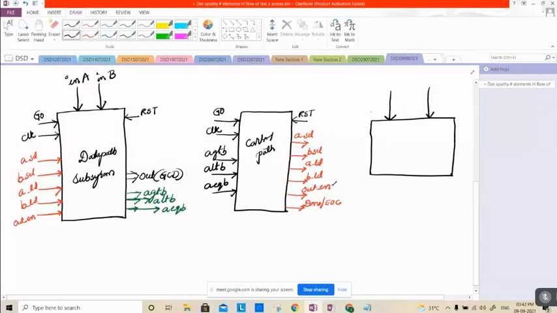The control path is supposed to give it, output enable 0 and 1. I'll tell you, don't worry, you will understand it now.